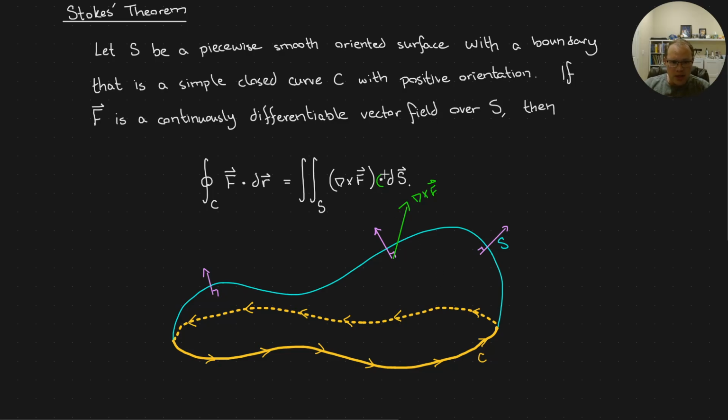So what we do is we take the dot product. Remember, when we're thinking about this vector surface integral, that dot dS means we're dotting it with the unit normal vector, normal to the surface, integrated over the surface. So we're asking how much of the curl of F is in the direction of the normal vector.